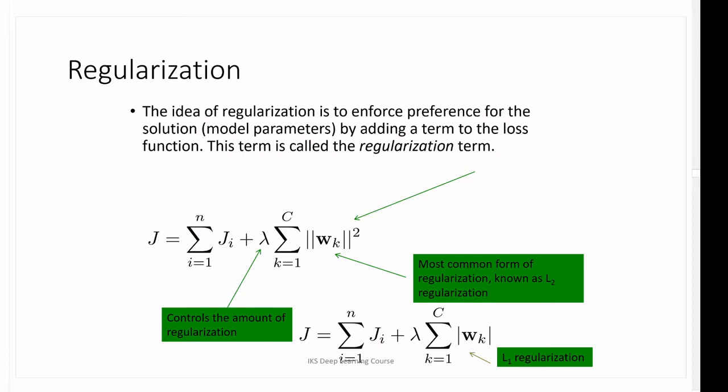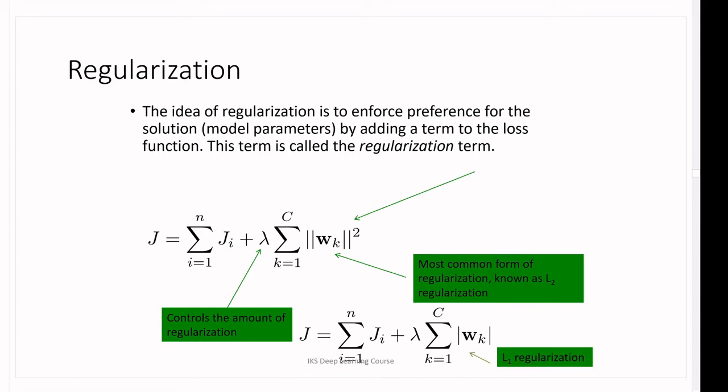Those examples are going to be somewhat different from training examples. So what you want is to control how much your model memorizes the training examples. And that control is done by adding an additional term, which we call the regularization term. Depending on the value of lambda, you can control the amount of regularization.